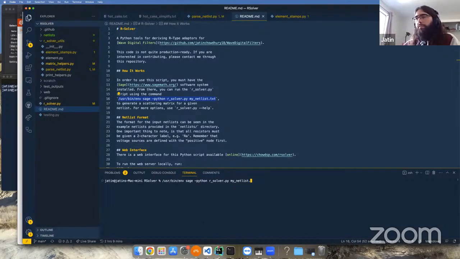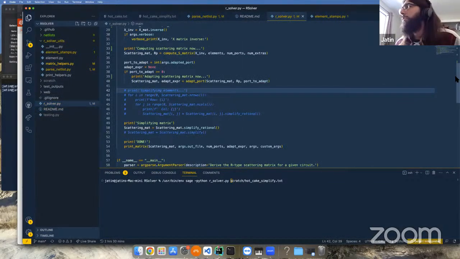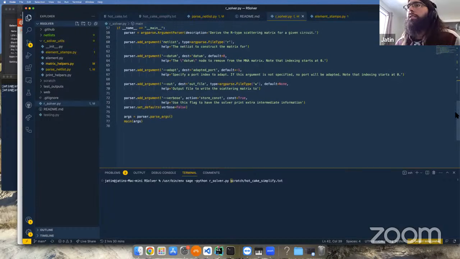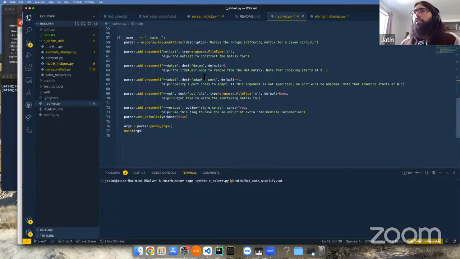The netlist that I want to generate a matrix for is the hotcake simplify. Now I also need to look at my other arguments. The datum node can be 0, that's fine. We don't want to adapt a port, so we can use the default argument for that.